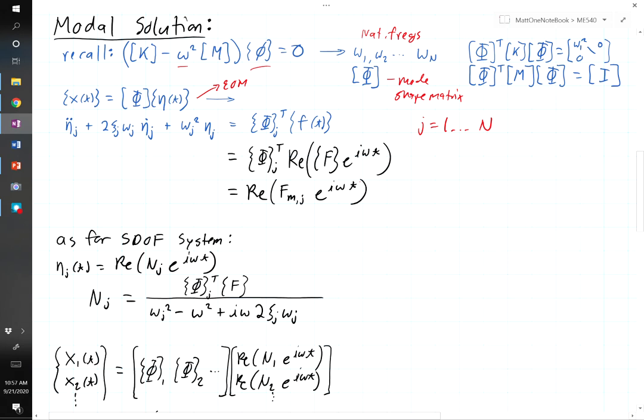And then we notice that this product here is a 1 by n times an n by 1, so this is just a scalar. Or in other words, this product of the mode shape and the forcing vector is just a scalar. And it tells us how much mode j is excited. How much does that force affect mode j.